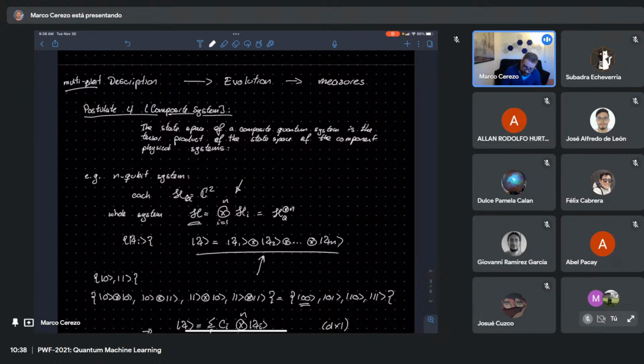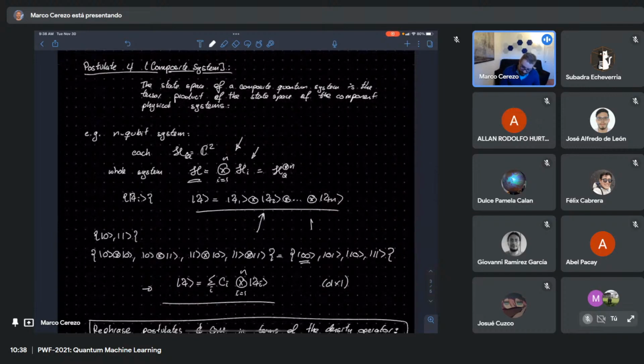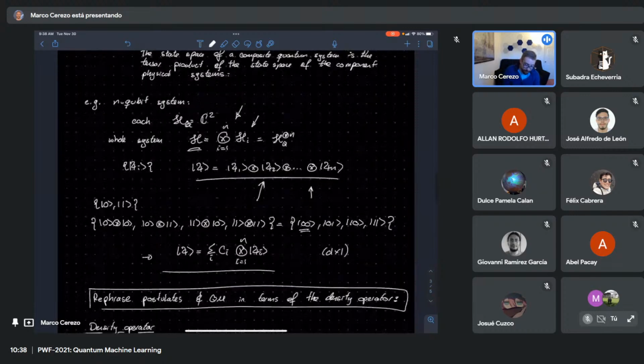This is how we build the Hilbert space for the composite system. The basis of that composite Hilbert space is just the tensor product of the elements of each of the bases. We saw the example of one qubit, which has just 2 elements in the basis, 0 and 1. Whenever we go to 2 qubits, we have 4 elements: the |00>, |01>, |10>, and |11> vectors, which is what we usually expect.